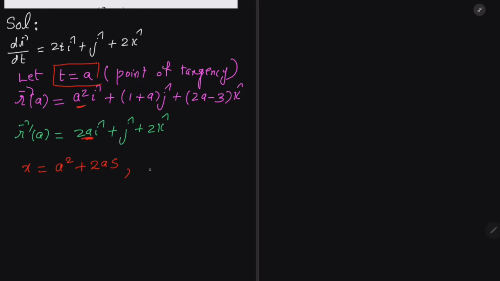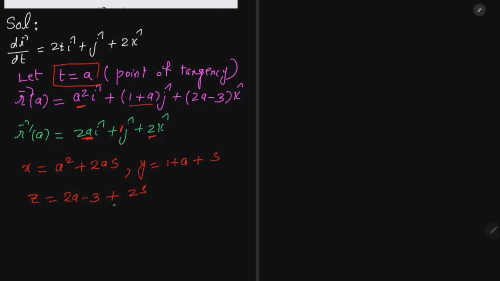Then y is equal to 1 plus a plus 1s, or s simply. And similarly, we can find the z function for the line. z is 2a minus 3 plus 2s.